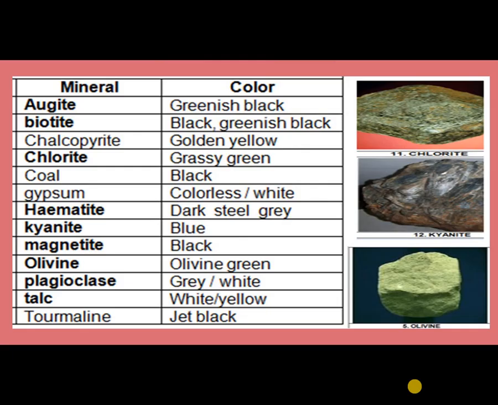And some of the minerals which are shown here, kyanite, chlorite, olivine, are very peculiar. Olivine always occurs in dark green, and the kyanite is characterized by bluish color, and chlorite appears in a grassy green color. So in some cases these colors can easily give the clue for identification of a mineral.